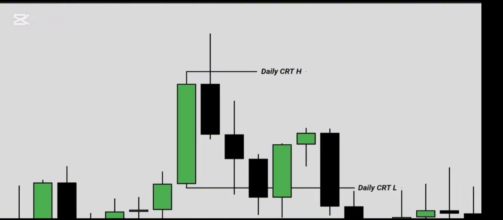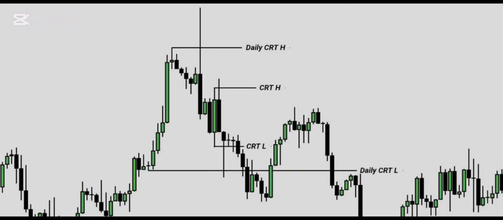So all you need to do is just to go to the 4 hours and position yourself to look for a CRT to trade, and you wait for the candle to purge the high based on the direction you are looking for. As you can see, this direction is bearish, so I wait for the candle to purge the high and I go down straight to 15 minutes and I look for a model 1 entry and trade down to the 4-hour CRT low. Then the final target was the daily CRT low.